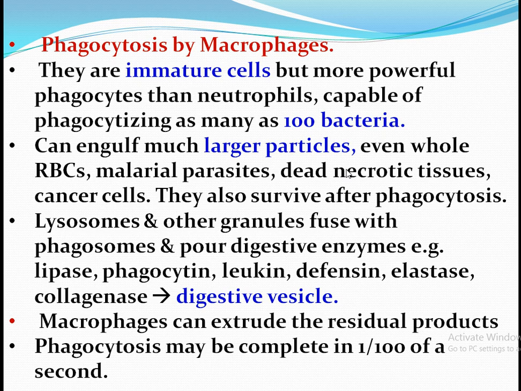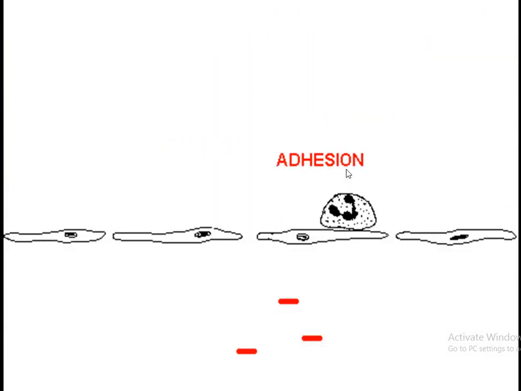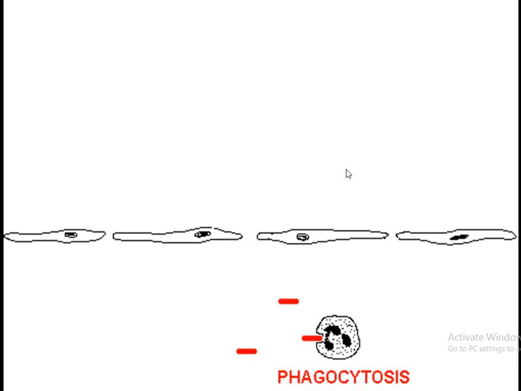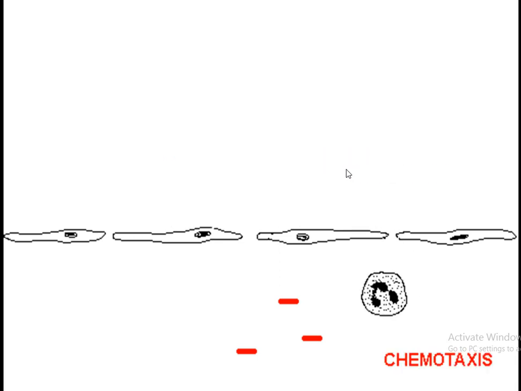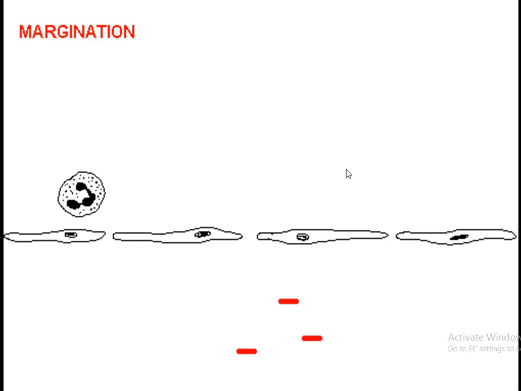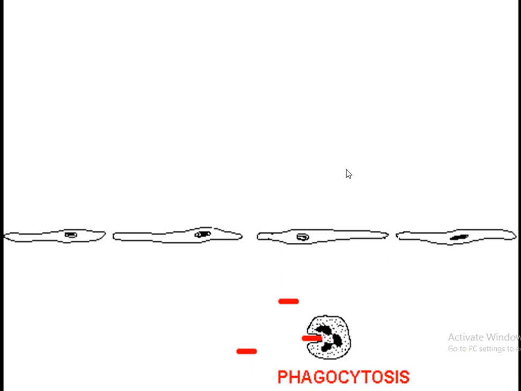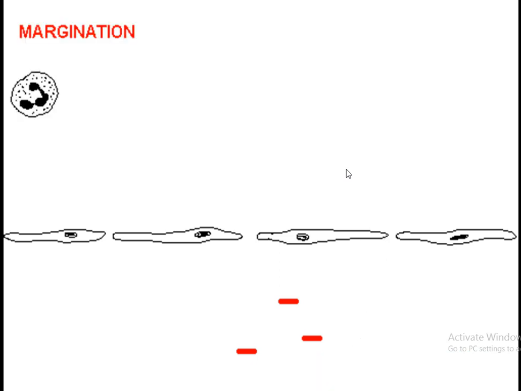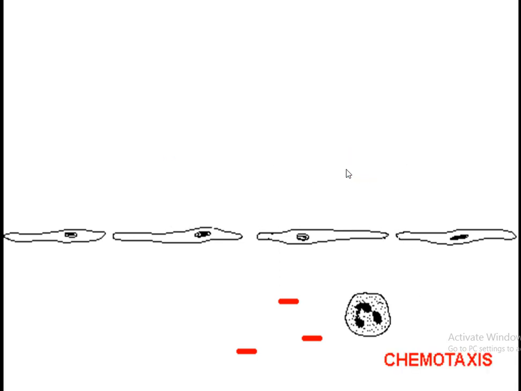Macrophages can extrude the residual products also. This is almost the complete story about inflammation. Firstly, margination, then they come out to the infective site, engulf, phagocytosis occurs, kill them, and the end product is pus.